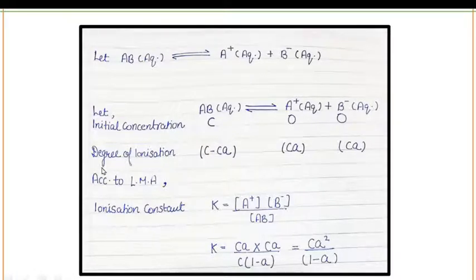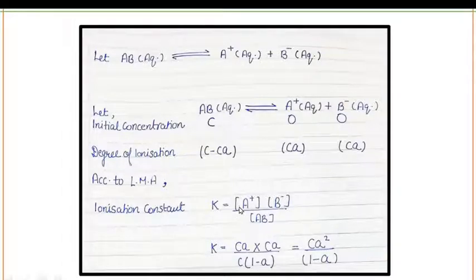But after some time, when this reaches the equilibrium condition, then the reactant becomes C minus C alpha. Degree of ionization is your alpha, and for products this will be C alpha and C alpha. So after applying the law of mass action to this reaction, the ionization constant K will be equal to the active masses of products divided by the active mass of reactant.